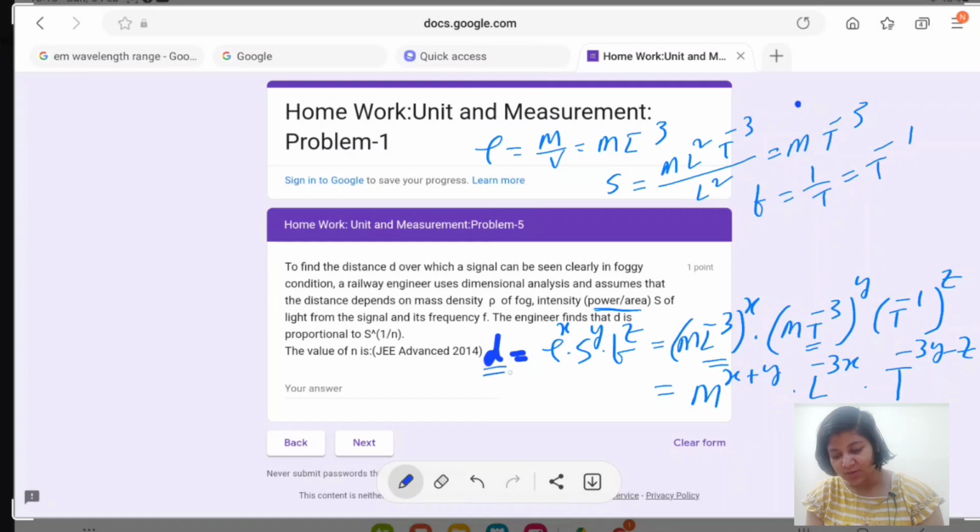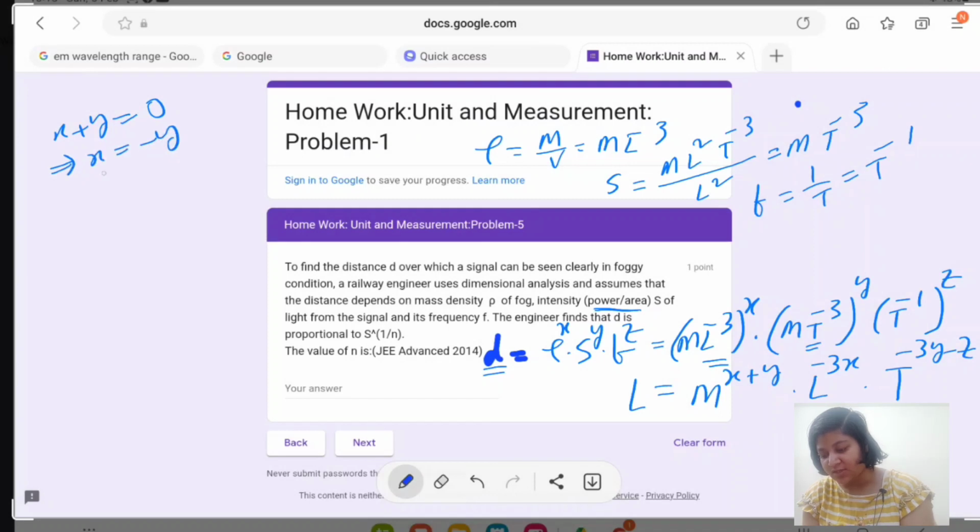We are now going to equate the dimension power of the quantities having the similar dimension from left hand side and right hand side. So there are no terms involving m on the left hand side. So x plus y simply becomes 0.